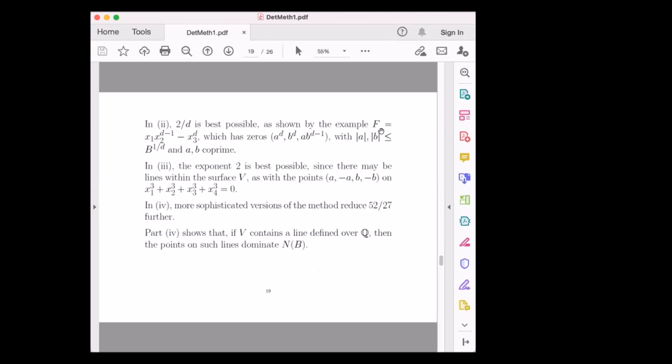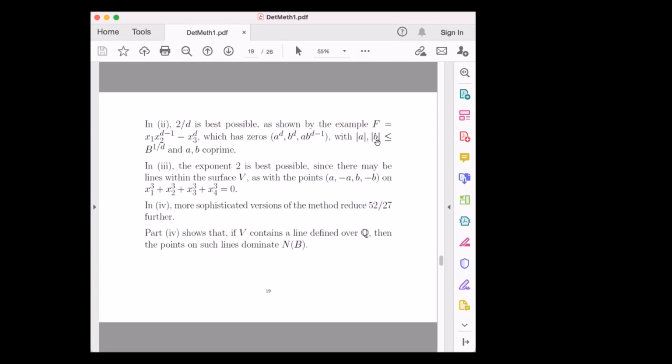So here's an example where the form is x1 x2 to the d minus 1 less x3 to the d. And you can see that there are solutions of the type a to the d, b to the d, and a times b to the d minus 1. All those points make f equal to 0.